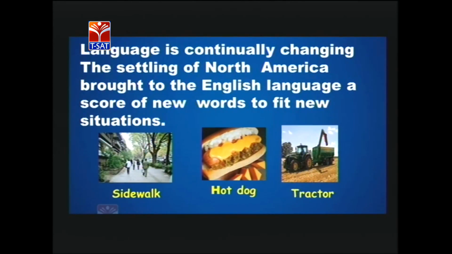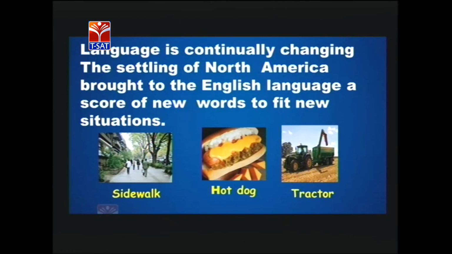Now, let's observe these pictures and words. Sidewalk, hot dog, tractor. Language is continuously changing. The settling of North America brought to the English language a score of new words to fit new situations.